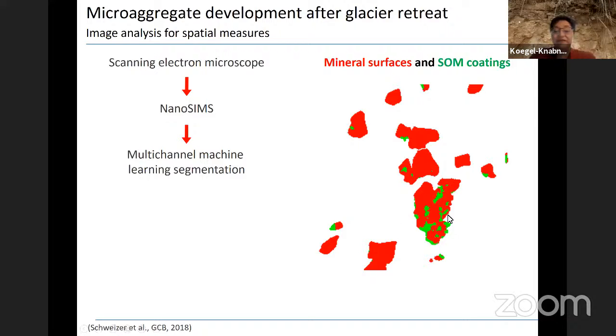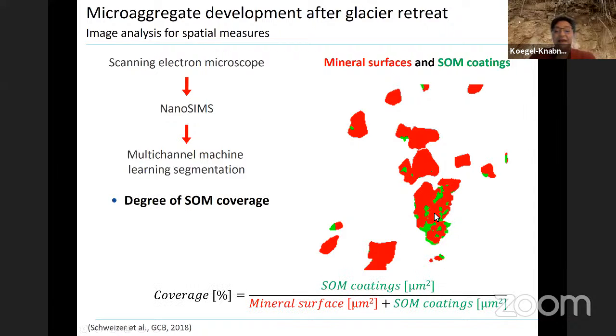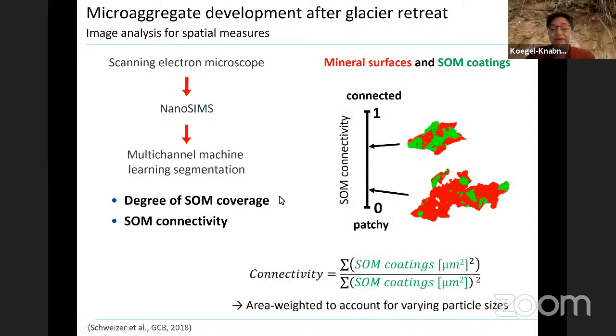from the NanoSIMS data. So we get a degree of SOM coverage of the mineral surfaces, and we also calculate the SOM connectivity. This means if it's more patchy, then it's 0, and 1 if it's more connected.